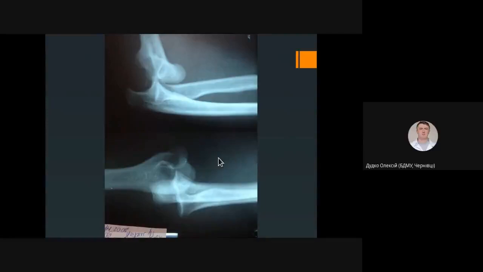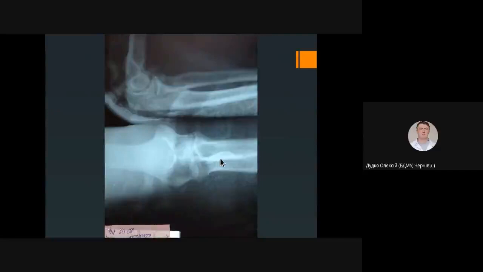Let's move to our next X-ray. So here we have the same joint. We have elbow joint. But if you look at articular surfaces, you will see that these articular surfaces are in their place.